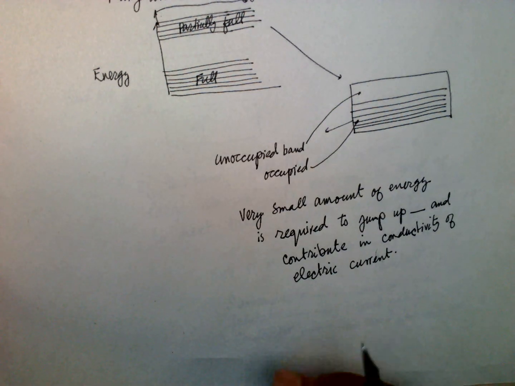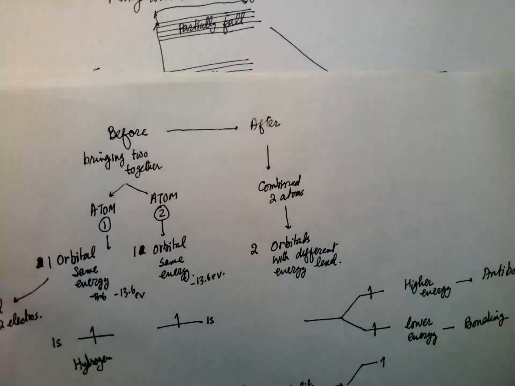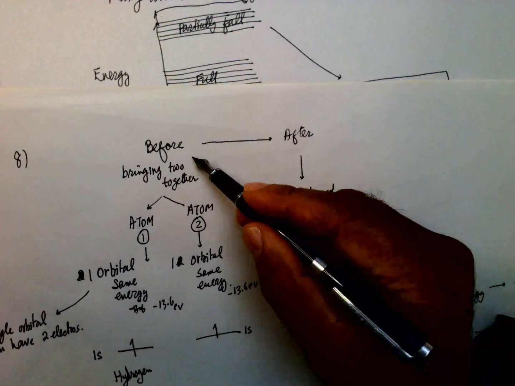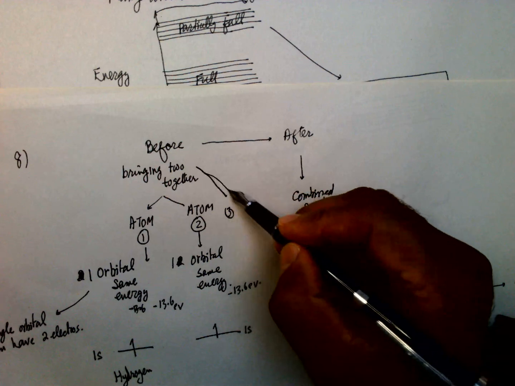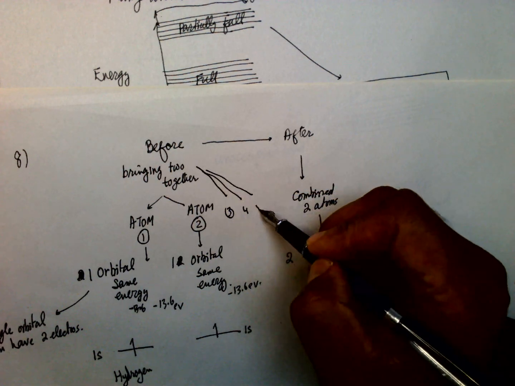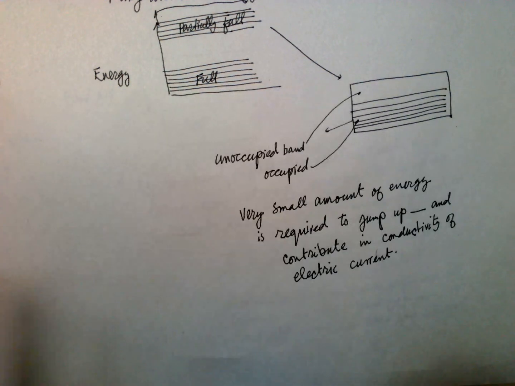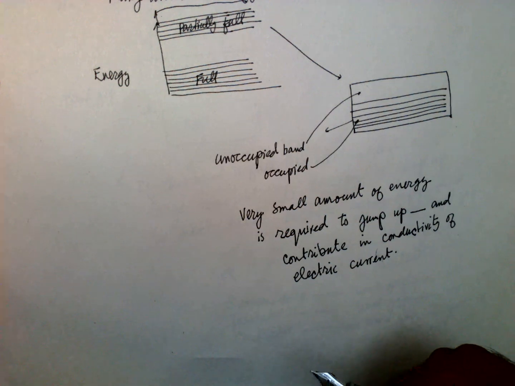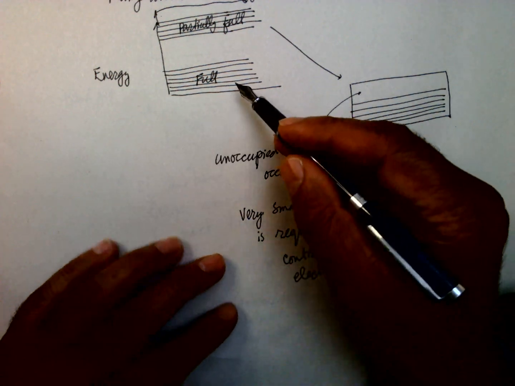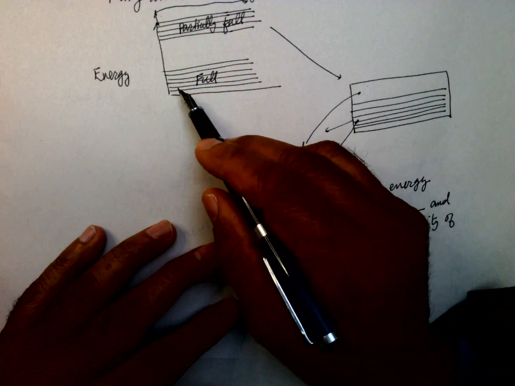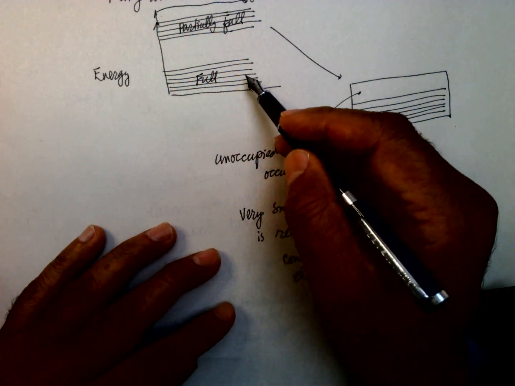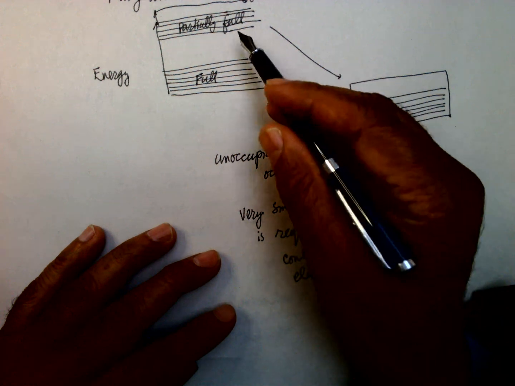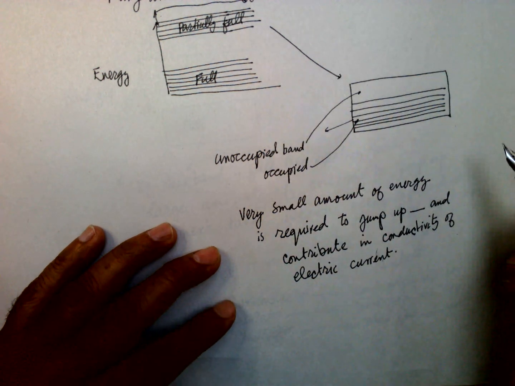Instead of two atoms, if there are many atoms, atom 3, 4, 5, and so on, their energy levels will be split. Then there will be a full energy band and a partial band.